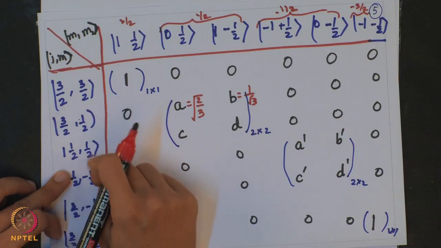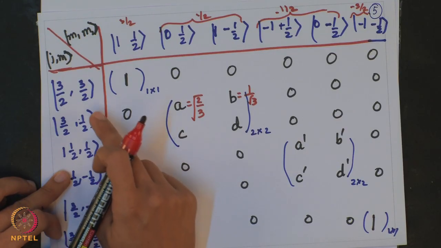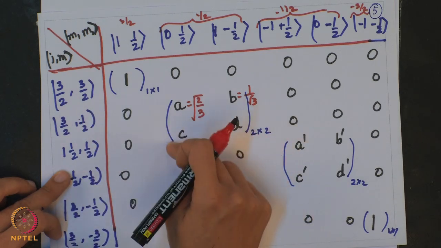When you use the orthogonality condition and use these two equations, you will be able to evaluate C and D. So, I leave it to you all to do this part to evaluate C and D.